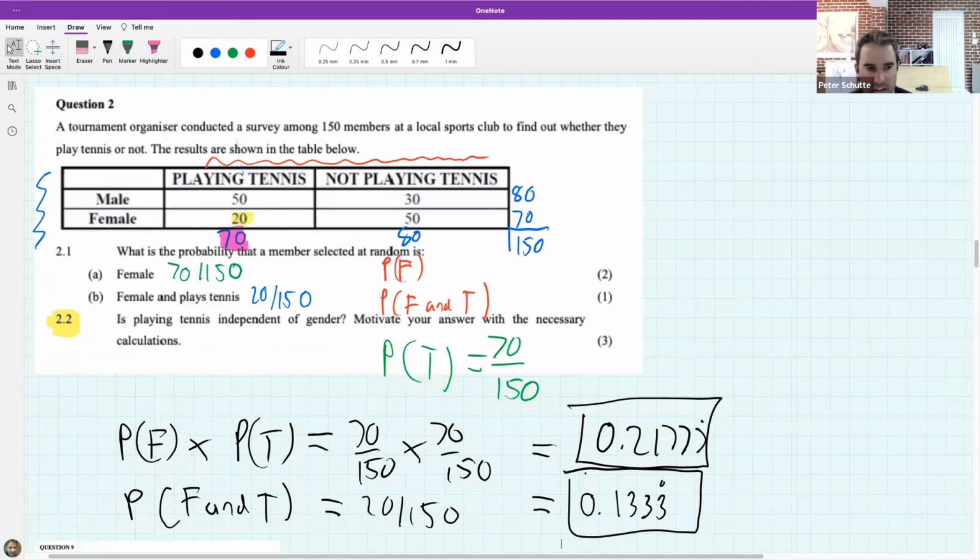Okay, so are these 2 events independent? Yes or no? What do you think, guys and girls? No, yeah, they're not independent. Awesome. So you can see it's a very structured method that we apply.